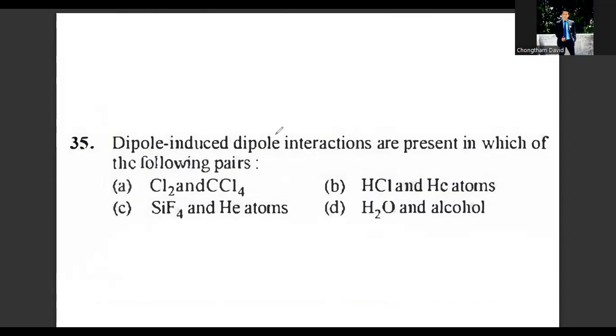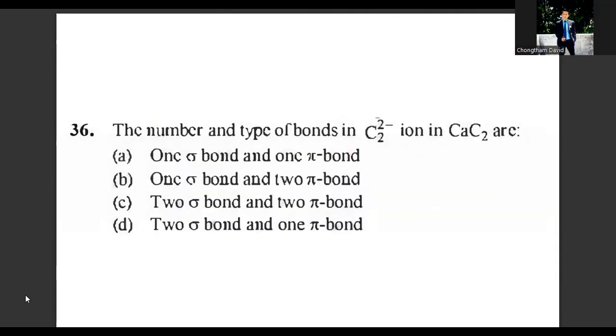In the case of HCl, which is polar, the dipole moment will not be 0, and in the case of helium, it is non-polar, so it will be 0. So it gives the dipole induced dipole interaction. So dipole induced dipole interaction would be best found in HCl and helium. So option B for question 35.